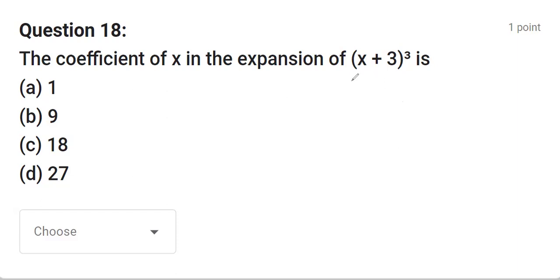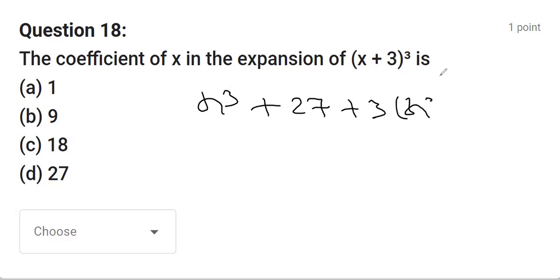So we first need to expand this using a plus b whole cube, which is a cube plus b cube, 3 cube, right, which is 27, plus 3 times a square b plus 3 times a b square.